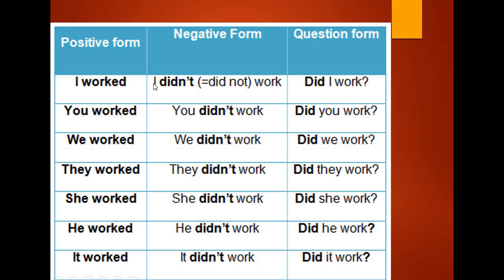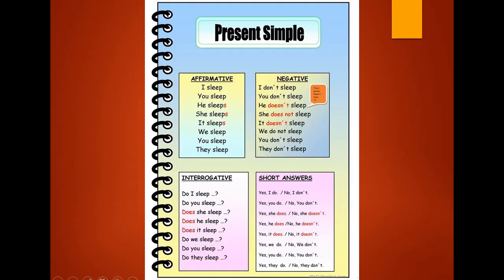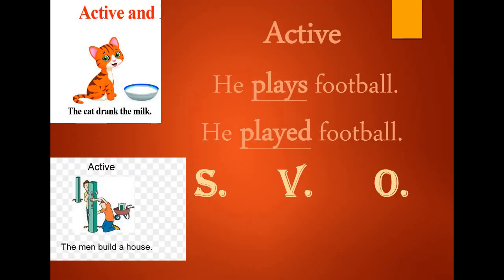Drink, drank. And when I see a verb with either S or no S, affirmative, it is present simple. So let's go back. He plays football. It is clear for you now that plays is a verb in the present tense. He played football. It is also clear for you that played is a verb in the past tense, right?